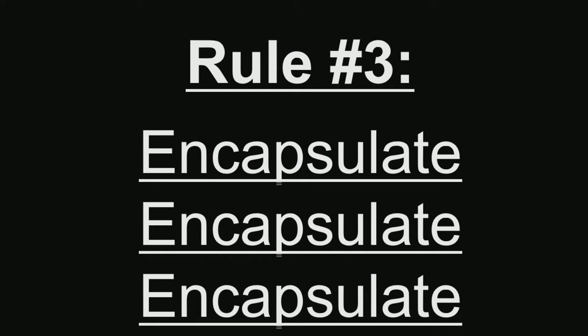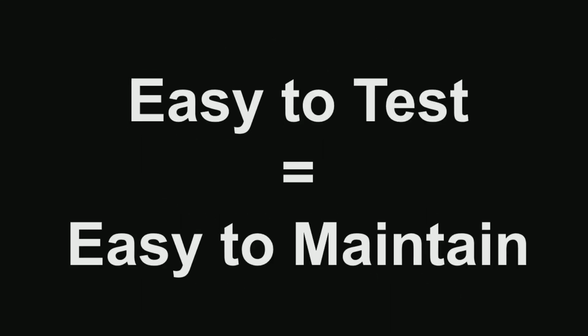To maintain that, though, you have to encapsulate. You have to take your code and put it so that it's really only doing that one thing that it's supposed to do, right? And then as we're developing things, if it's easy to test, it's going to be easy for you to maintain. Something breaks, some requirement comes in that changes what needs to be tested, changes a value.